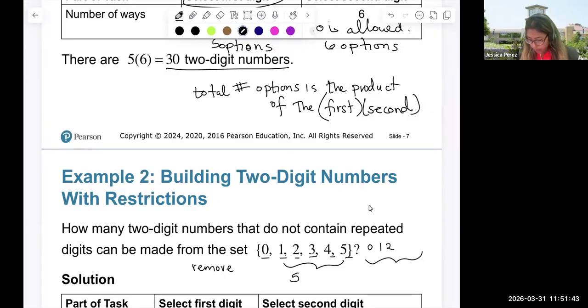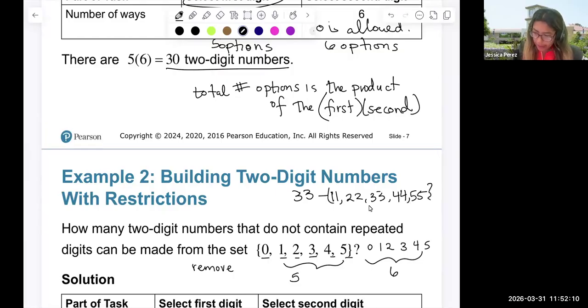So 0, 1, 2, 3, 4, and 5. So you would have 30 minus the options that contain repeated digits. So you would remove the options 11, 22, 33, 44, and then 55, because they contain the same digit. So you're removing 5 options from the 30 choices.